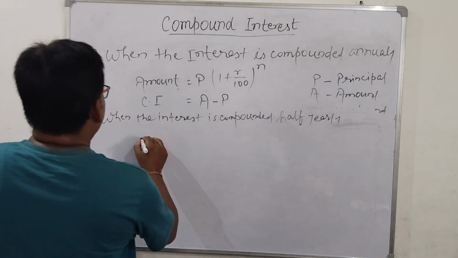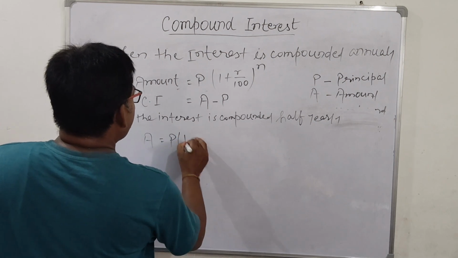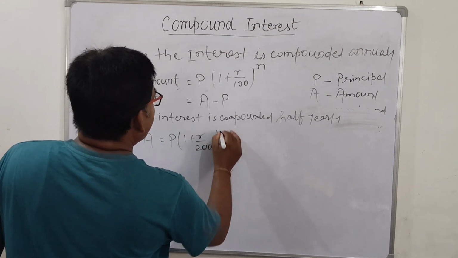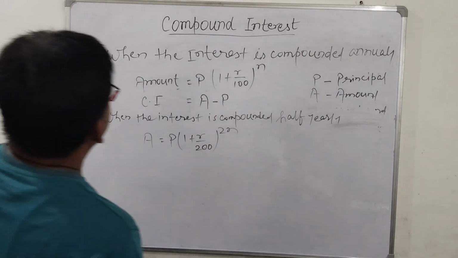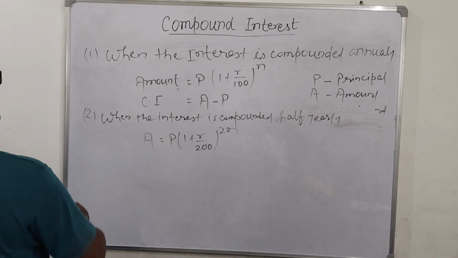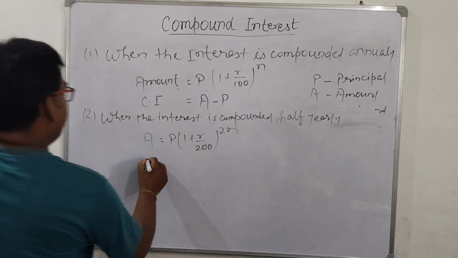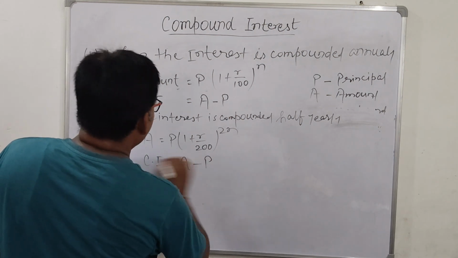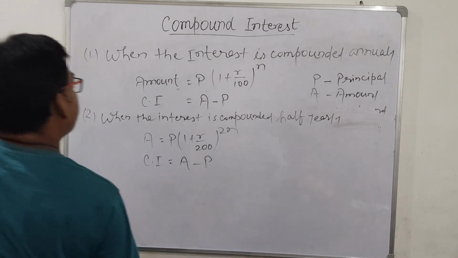So then amount is equal to P, principal, into 1 plus R by 200 to the power 2n. Then CI is equal to A minus P, amount minus principal. This is the second criteria.